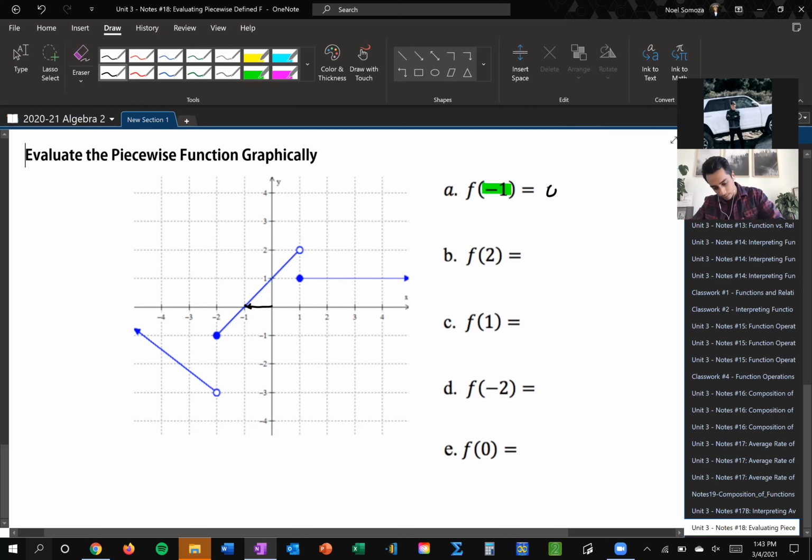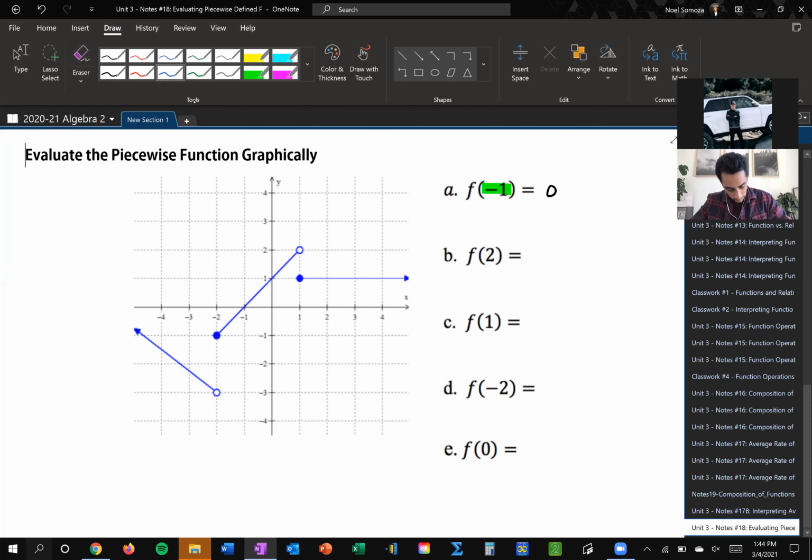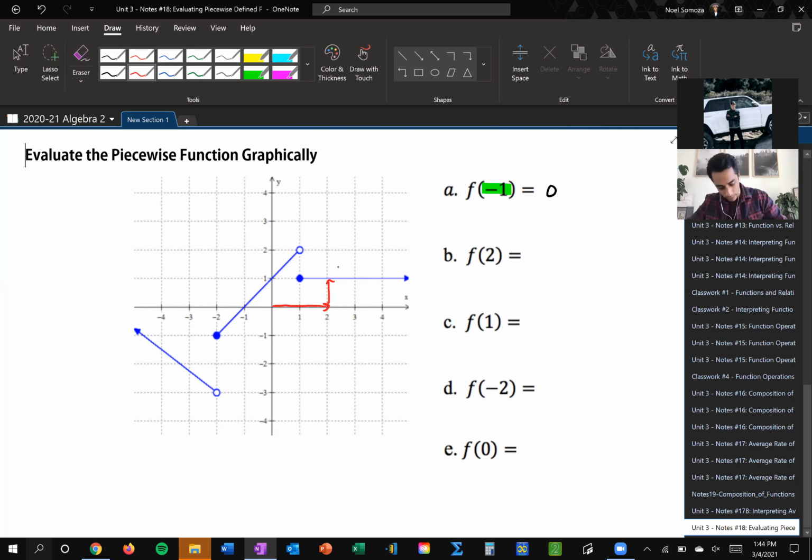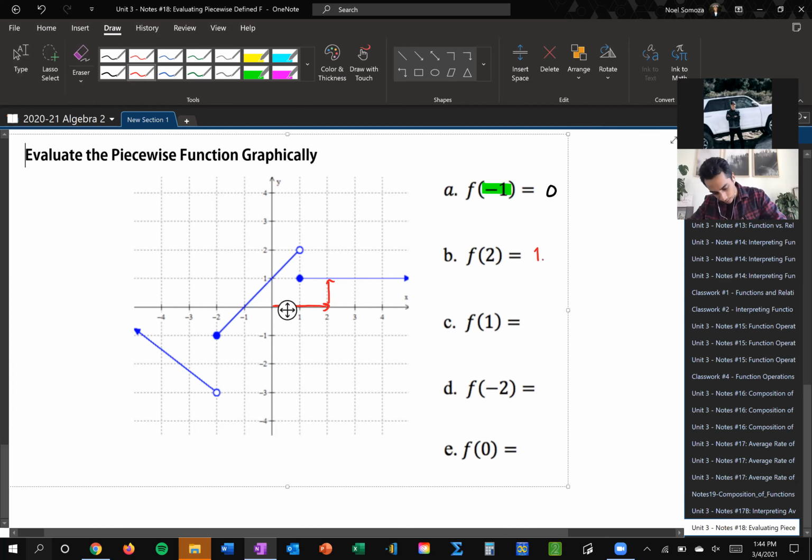Awesome, so that output would be 0. Good, okay. What about when x is 2? Yeah, it's 1, right? You got that constant function, similar to the one we saw already, where it's going to be 1 the entire way through. So when x is 2, output is 1.